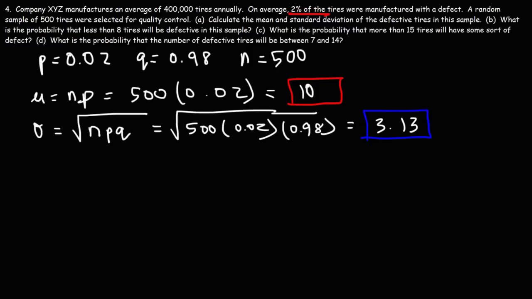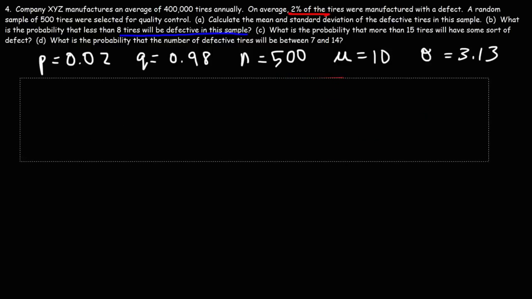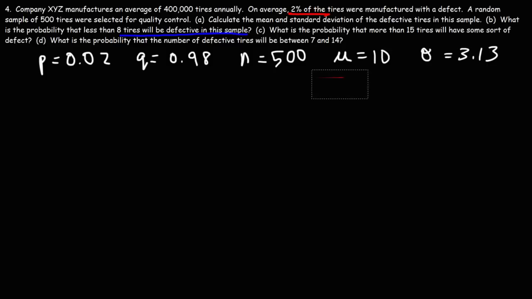Now part B, what is the probability that less than 8 tires will be defective in the sample? First, let's rewrite the mean and the standard deviation so I can create more available space. So we're looking for the probability that x is less than 8.